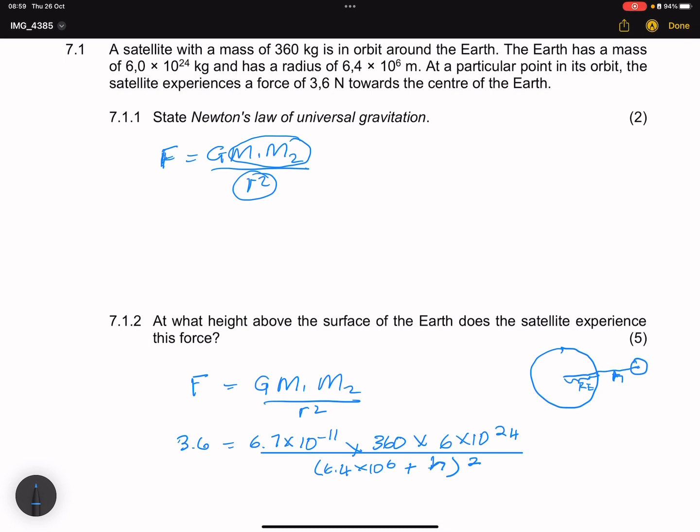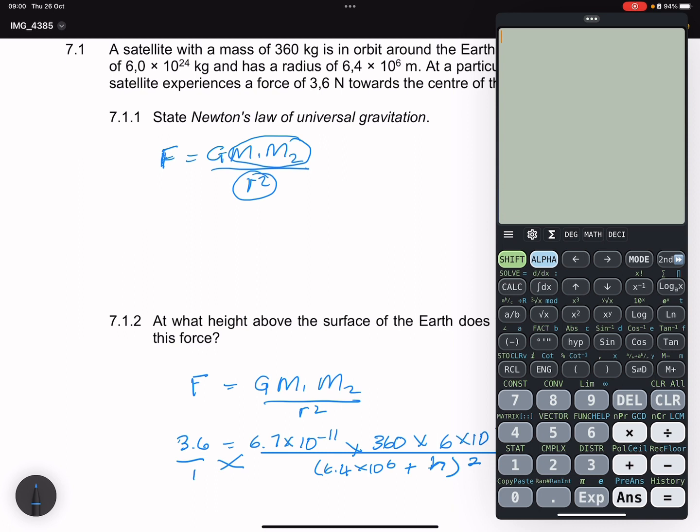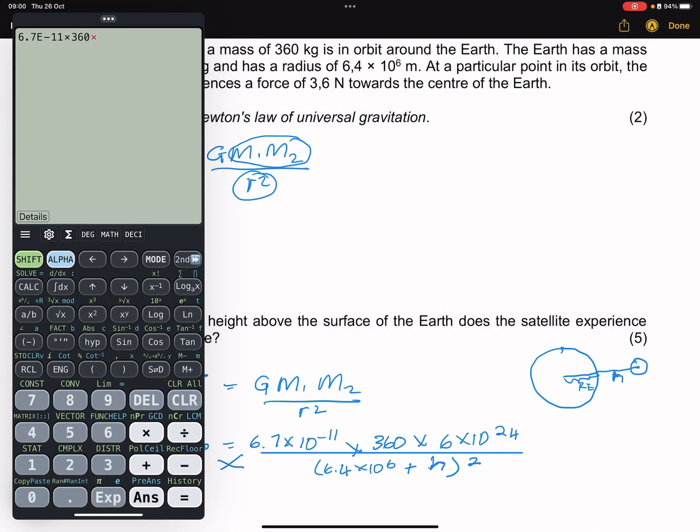So let's do our mathematical gymnastics. We're going to cross multiply, so let's whip out our calculator. I've got 6.7 exponent negative 11 multiplied by 360, multiplied by 6 exponent 24.